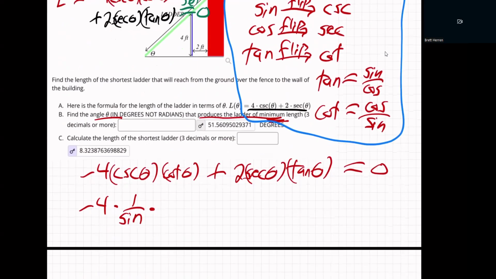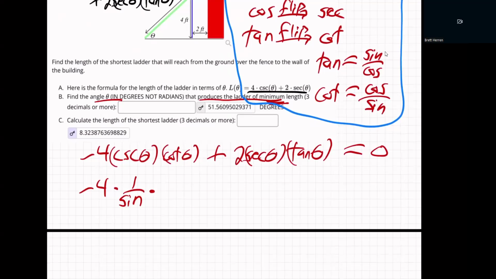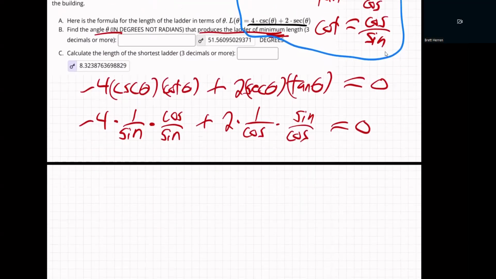Remembering all that, this cotangent is going to be cosine over sine, plus, and then secant is 1 over cosine, and tangent is sine over cosine. Now why is that so great?